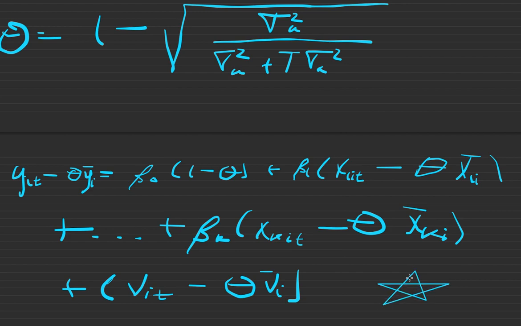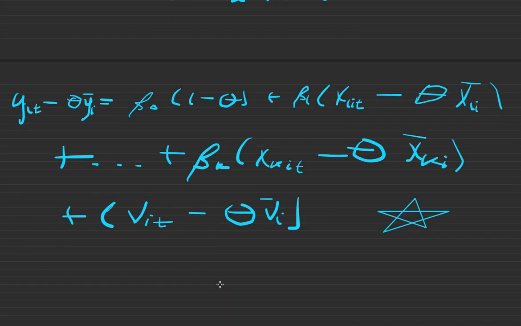This equation star is estimated using pooled OLS, and we can do that because this generalized least squares transformation using the weight theta eliminates the serial correlation. Observe that in this equation, we can focus just on one term, it is quasi-demeaned.